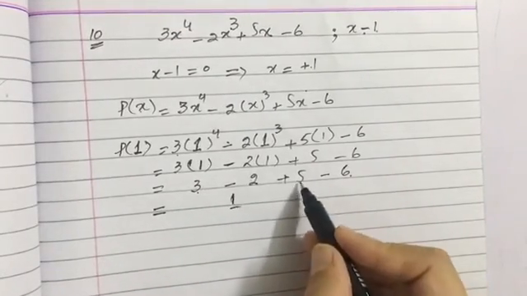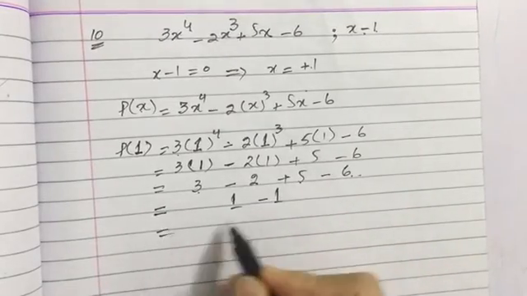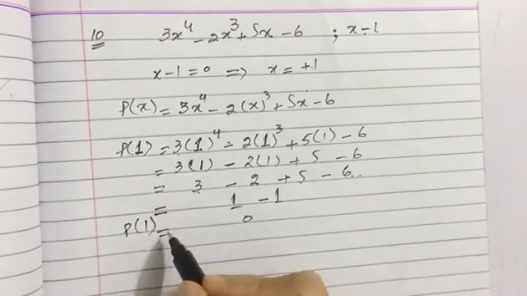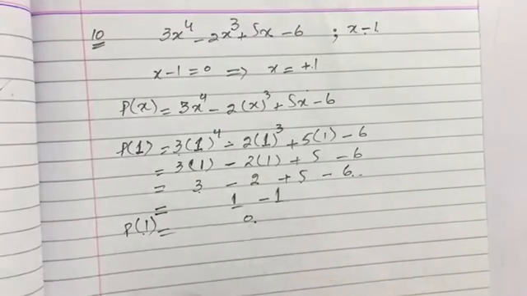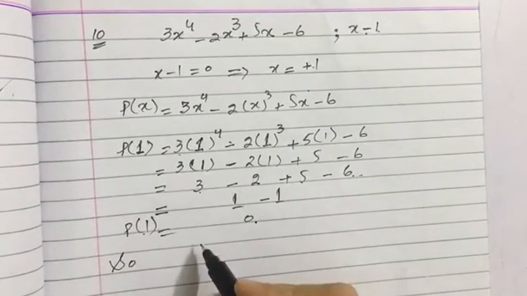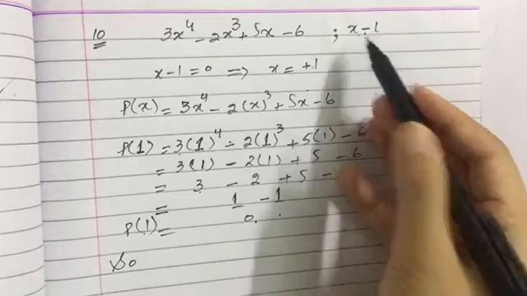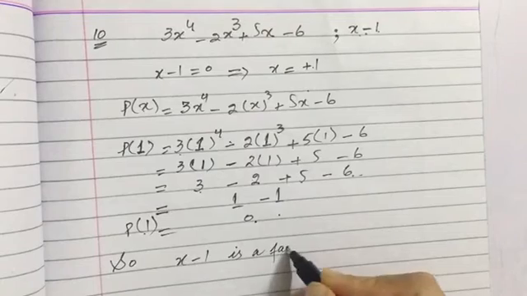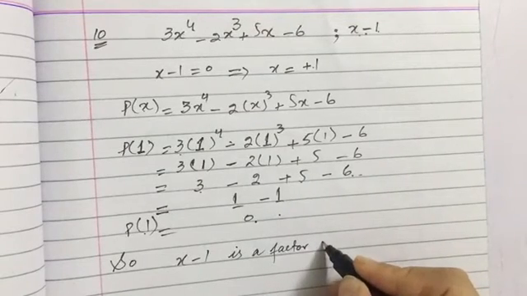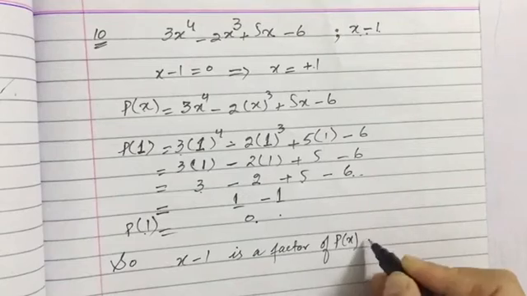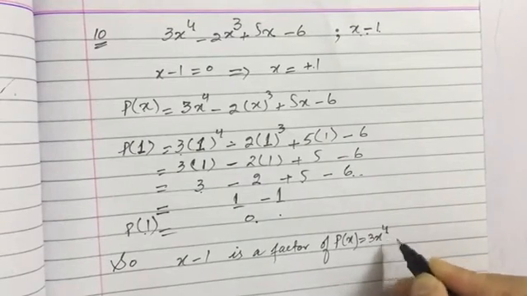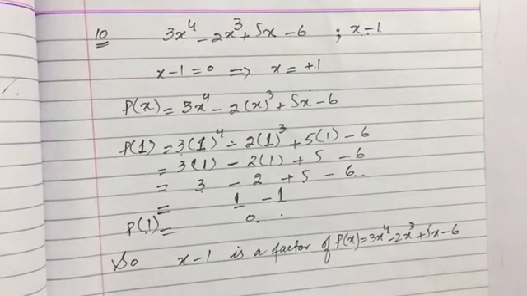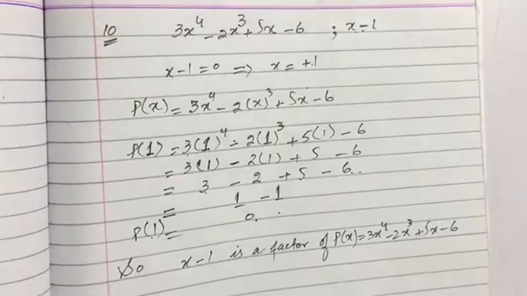This is 1 and this is minus 1. It means we got the value 0. So P of 1 is equal to 0. Because we get our remainder 0, it means the second polynomial, that is x minus 1, is a factor of the first polynomial, that is P of x equal to 3x raised to power 4 minus 2x cube plus 5x minus 6.